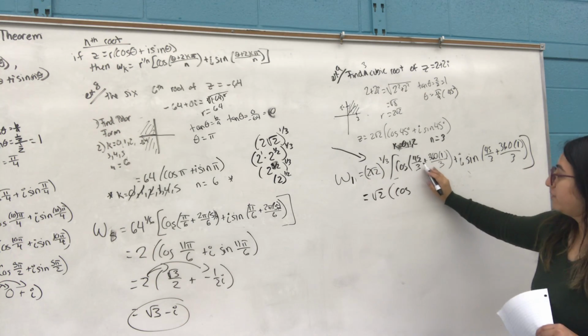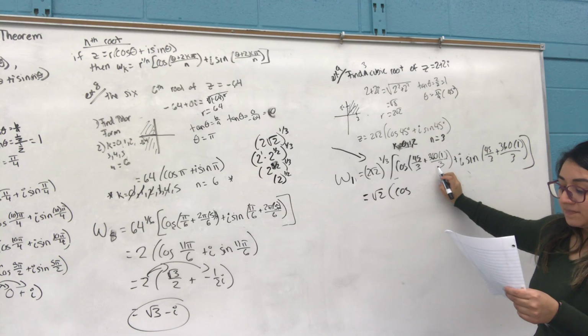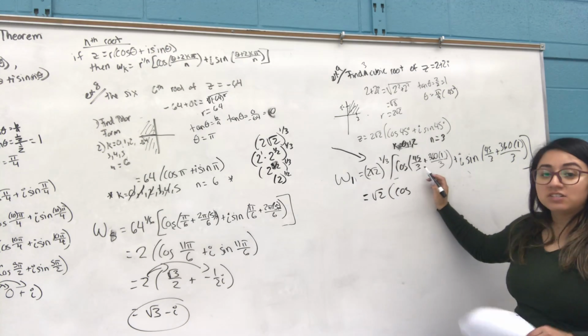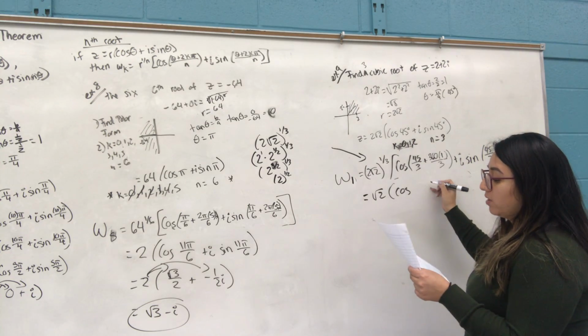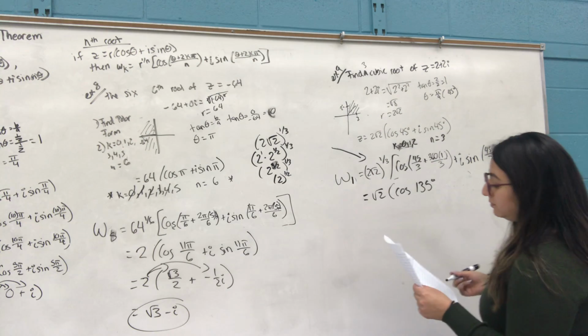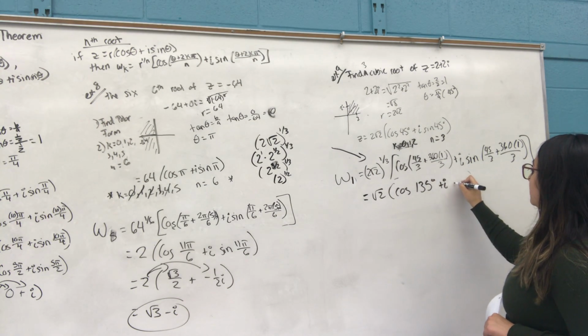Okay, so we know 45 divided by 3 is 15. 360 divided by 3, I don't remember what number I got, but I got a certain number. When I add it into 15, I end up with 135 degrees. So my second number is actually in the circle.